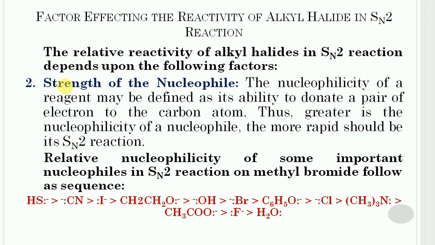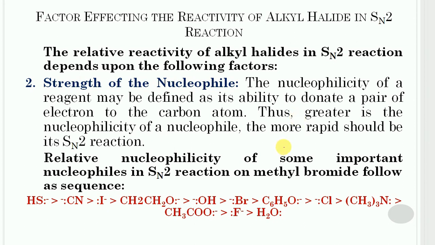The second one is the strength of the nucleophile. Since the transition state for an SN2 reaction involves the nucleophile, therefore the nucleophilicity of the nucleophile plays an important role in determining the rate of SN2 reaction.